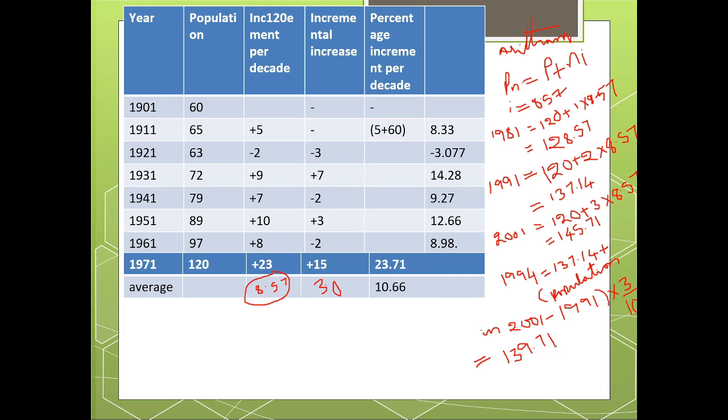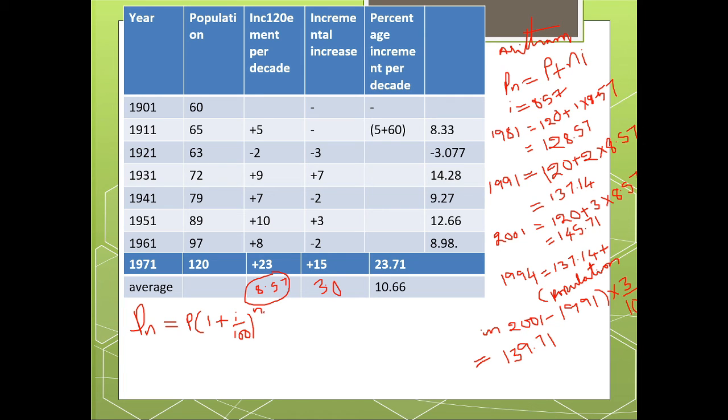Now you understood the arithmetical progression method. Next one is the geometrical progression method. How do you find it? Pn is equal to P into (1 + Ig/100) whole power n.